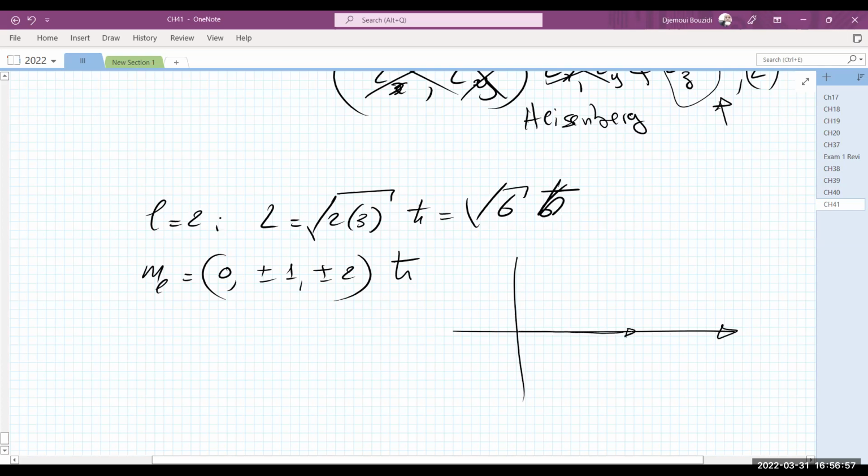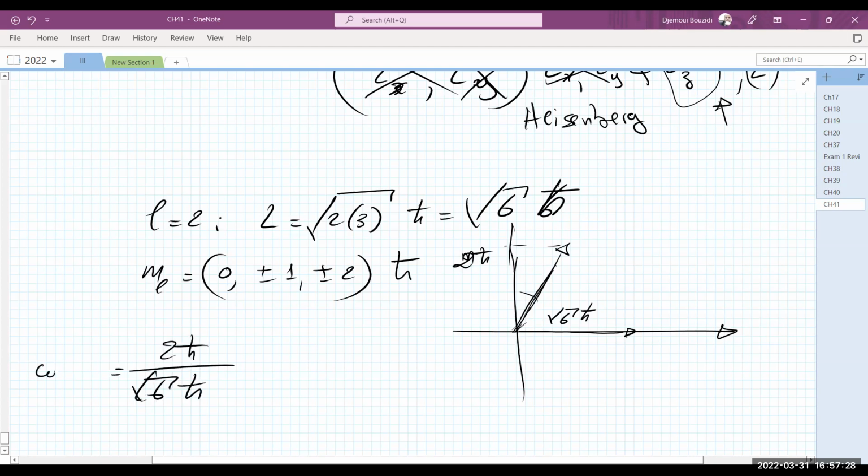It's easy to start with ML equals 0. So imagine this is square root of 6, which is something like 2 point something, h bar. Then you draw equal distances, or you can actually do the math in here. It's very simple to find the first one, for L equals 2, ML equals 2, I'm sorry. So this is ML equals 2, 2 h bar, divided by square root of 6 h bar.